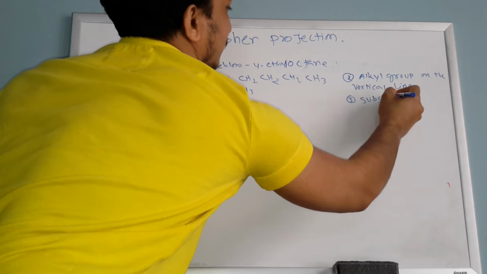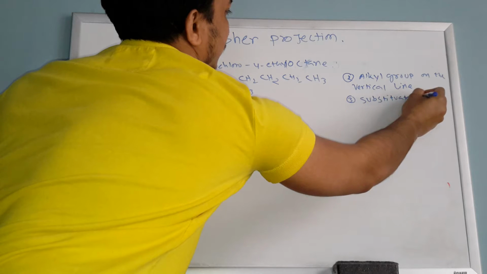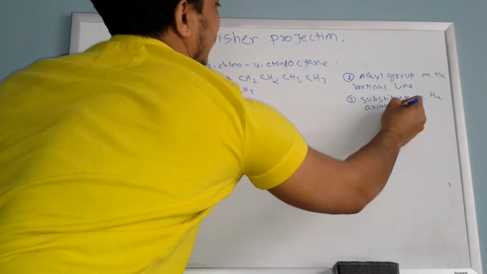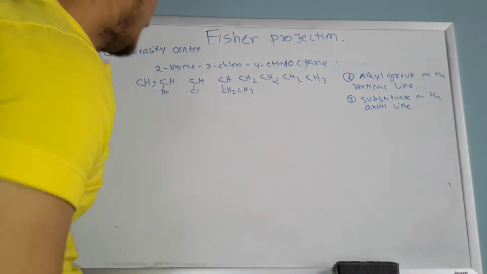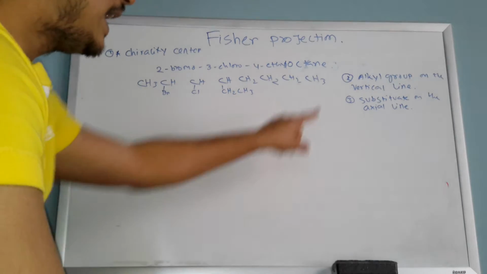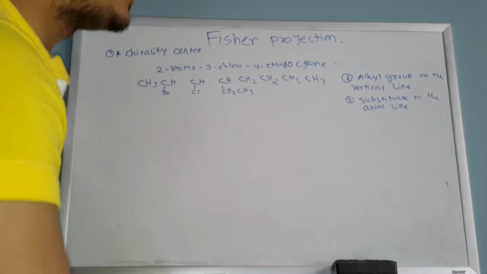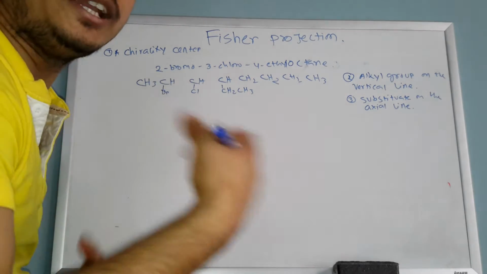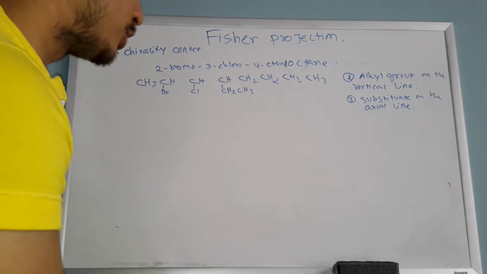Substituent on the axial line. This is your general formula to make a Fischer projection. Without the alkyl group on the vertical line, you can also make a Fischer projection, but if you do it this way, it would be a little bit easier for you.